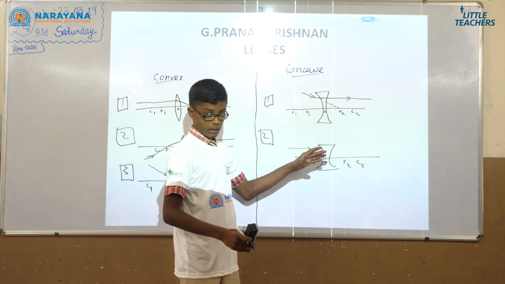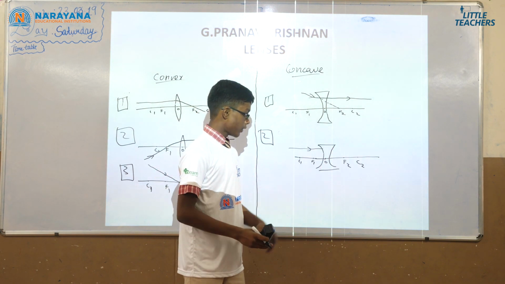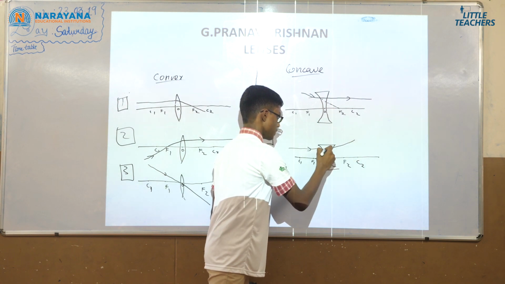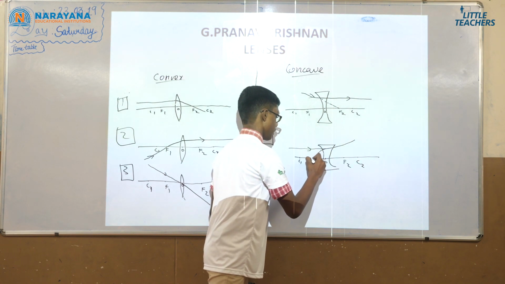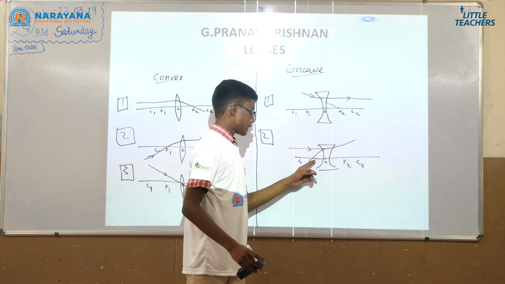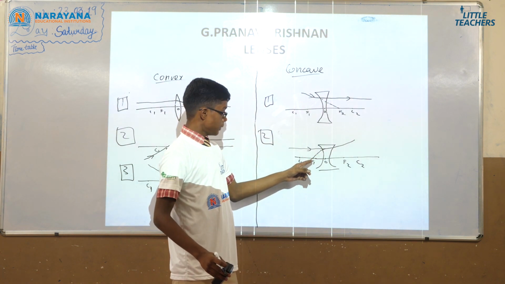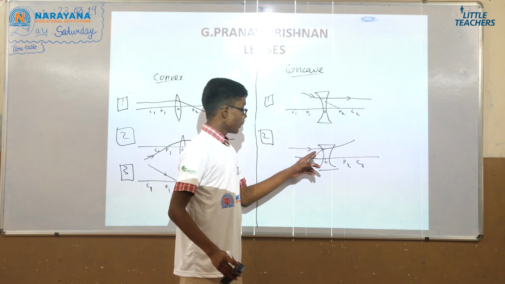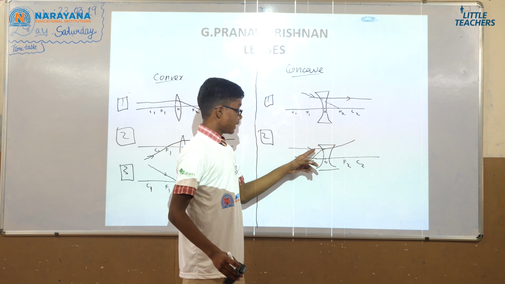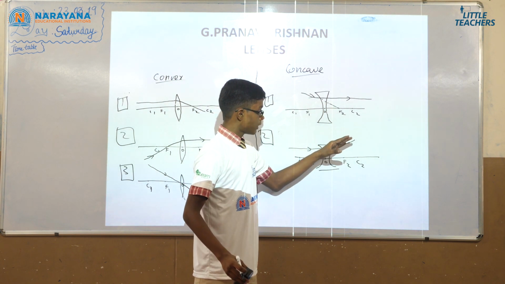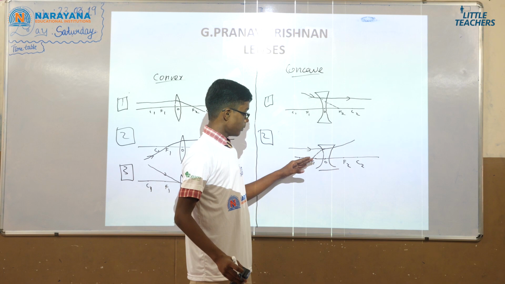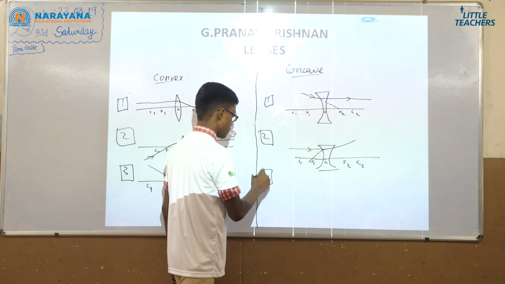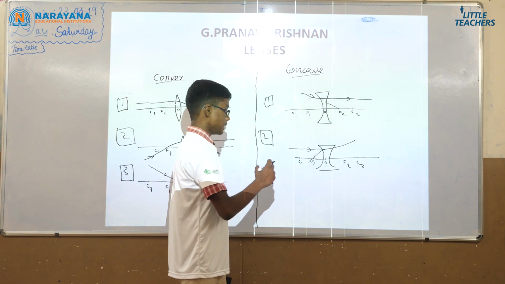This light ray, after getting incident on the lens, refracts and diverges. Since it diverges, extend this light ray, and you see that it meets at the focus. This extension meets at the focus. So any light ray which is incident on a concave lens and diverges, this refracted ray actually seems to come from the focus.